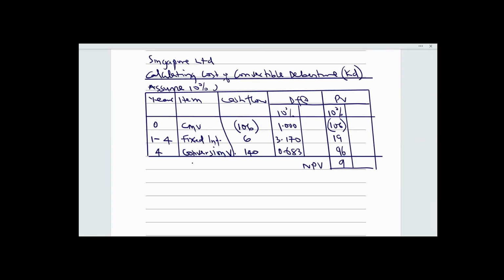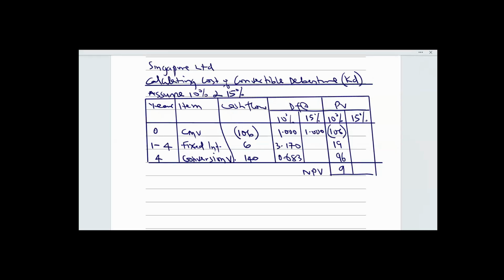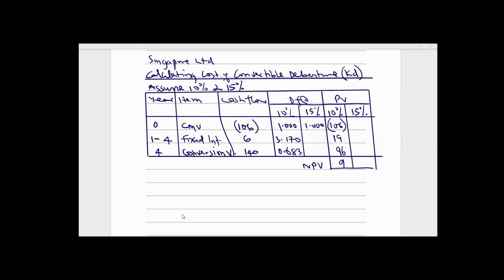Let's assume a higher discount rate that will give us a negative NPV. So we're assuming 15%. Somebody should give me the annuity factor at 15%, while I do the discount factor for year 4 at 15%. 1.15 raised to power 4, then the reciprocal, that's 0.562.